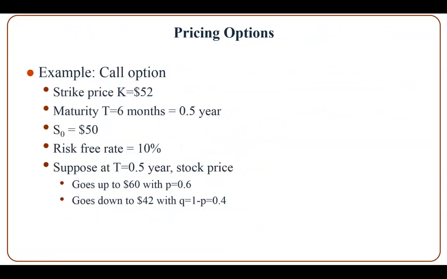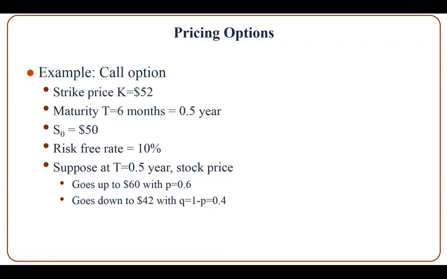Now take an example of a call option. The strike price K is $52, and the maturity T is 0.5 years. The current price of the underlying asset is $50, and the risk-free rate is 10%.